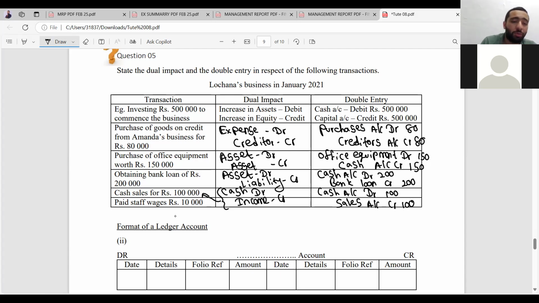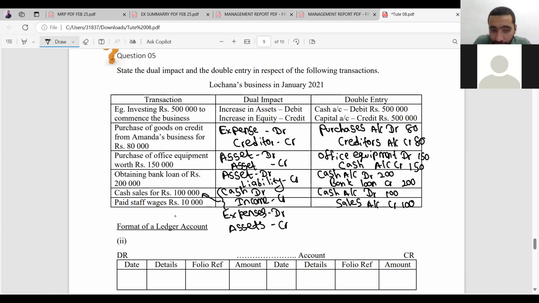Right. Paid staff wages, 10,000 paid to the employees. What will happen? Your asset will go down, and expenses will go up. Very simple. Expenses debit, assets credit, right?